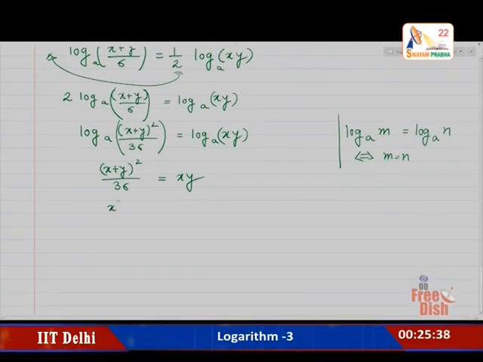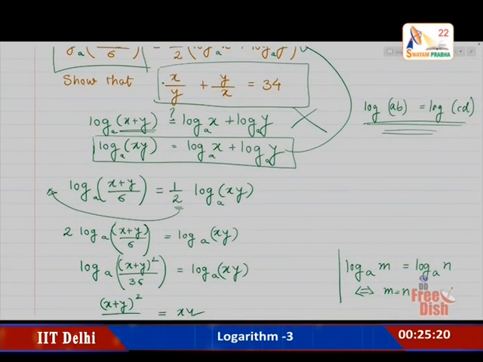This is x square plus y square plus 2xy is equal to, I will pull this 36 to the numerator on the right hand side, xy. Okay. Then I can guess I am on the right track because the right hand side had some number, 34.